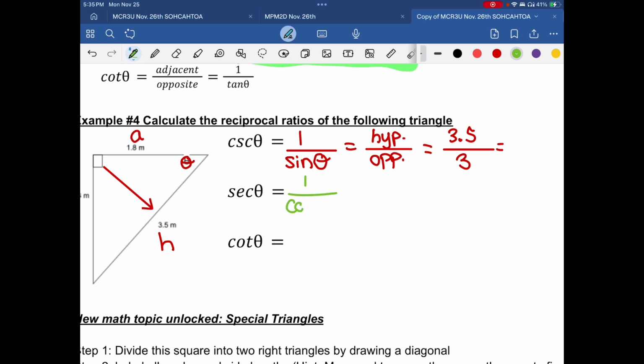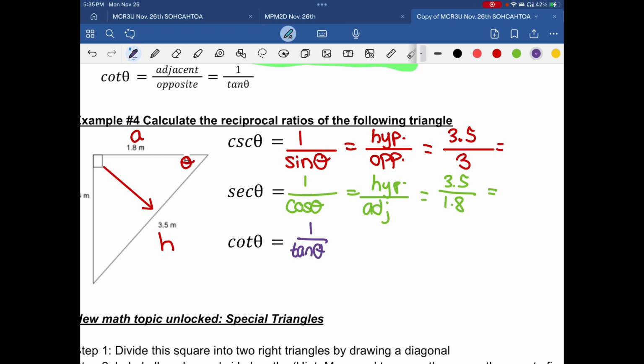Secant is simply the inverse of cosine, which would make it hypotenuse over adjacent, which would make it 3.5 over 1.8. And the last one, it's just the reciprocal of tangent.